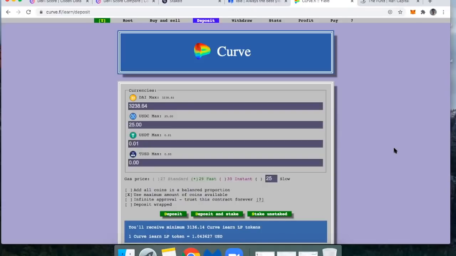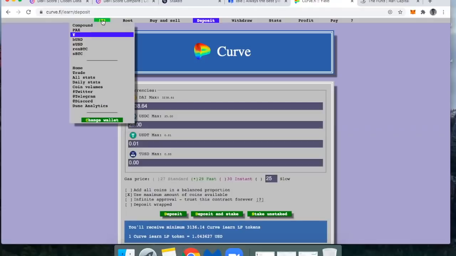But when I am using Curve, Curve is a stablecoin swap, and I can deposit my stable coins, whether they are, in this case, DAI, USDC, Tether, or True USD. And I can allow folks to trade back and forth between those stable coins, and I can earn a proportion of the trade fee that they pay. But I also am benefiting from this yield bouncing strategy.